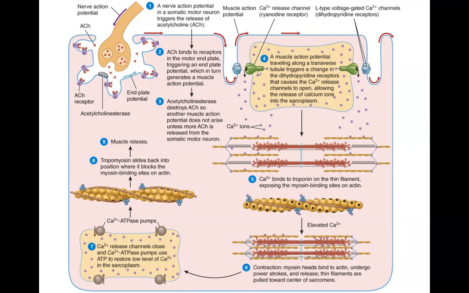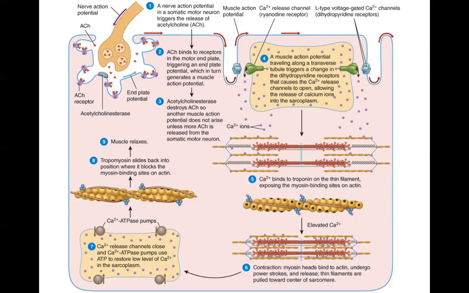Calcium is then released from the SR through what we call calcium release channels. Calcium release channels allow the calcium out that then can travel and find the troponin on the thin filament, bind to troponin, and shift the tropomyosin so that the binding sites are available.